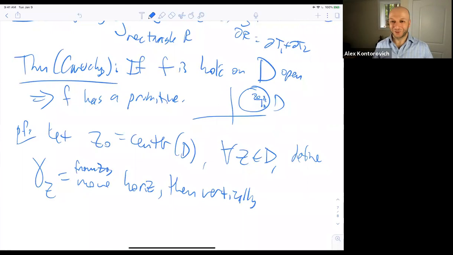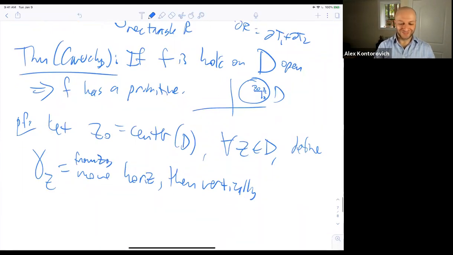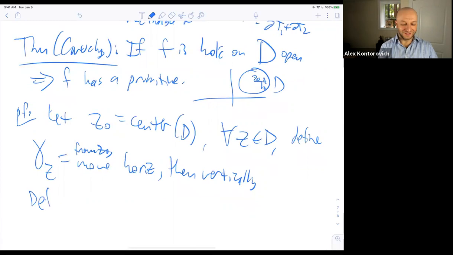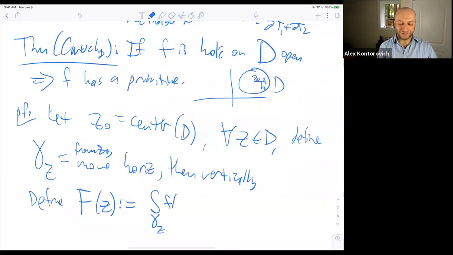Okay, so far so good. Now I define capital F of z as the integral over this curve of f with some dummy variable. And I claim that's the primitive. Of course, it should be the primitive. It's the integral of f. Shouldn't the derivative of the integral of f be f? That's what we have to show.